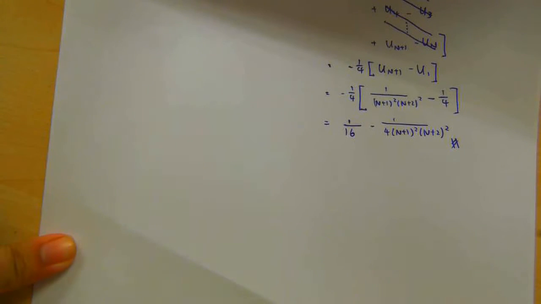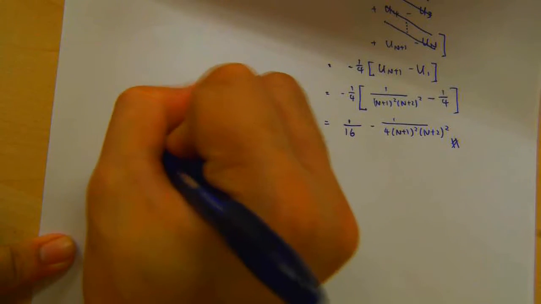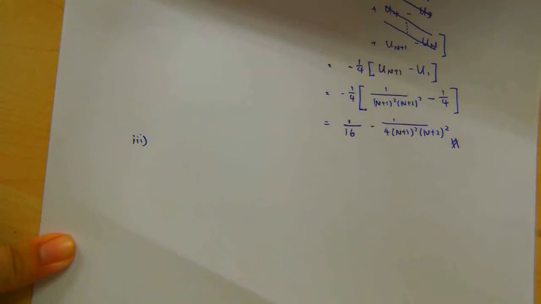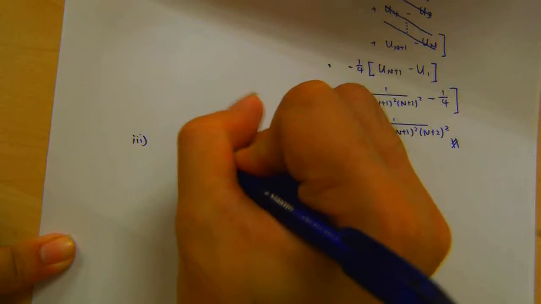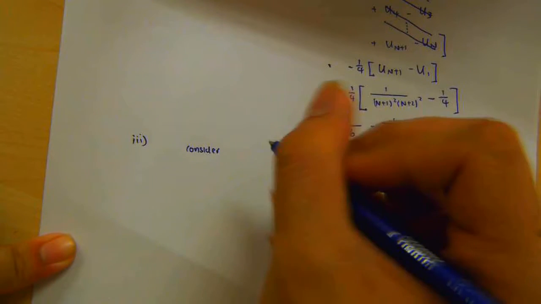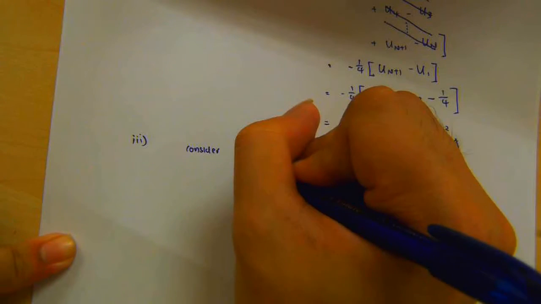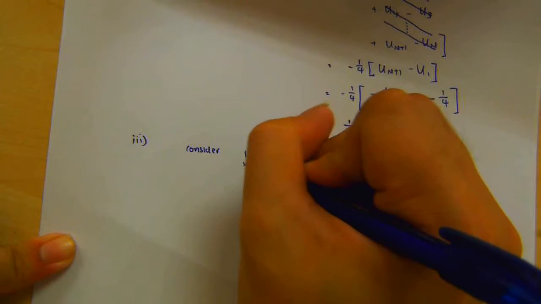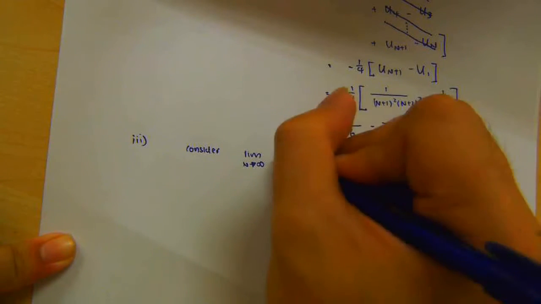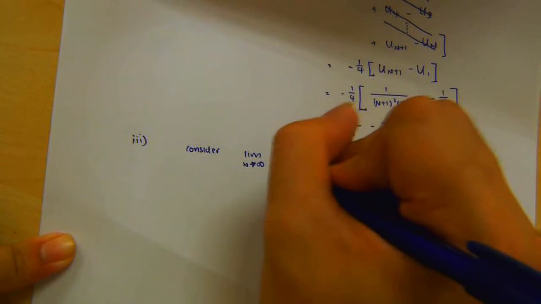Next, for part 3, it is asked whether the series in part 2 is convergent. And if it is, state the sum to infinity. So for this, we're going to consider the limit of n approaching infinity for the expression in part 2.